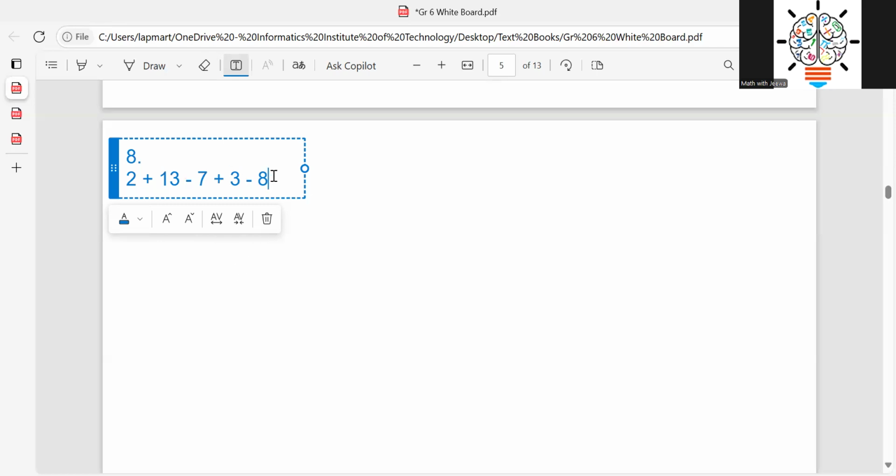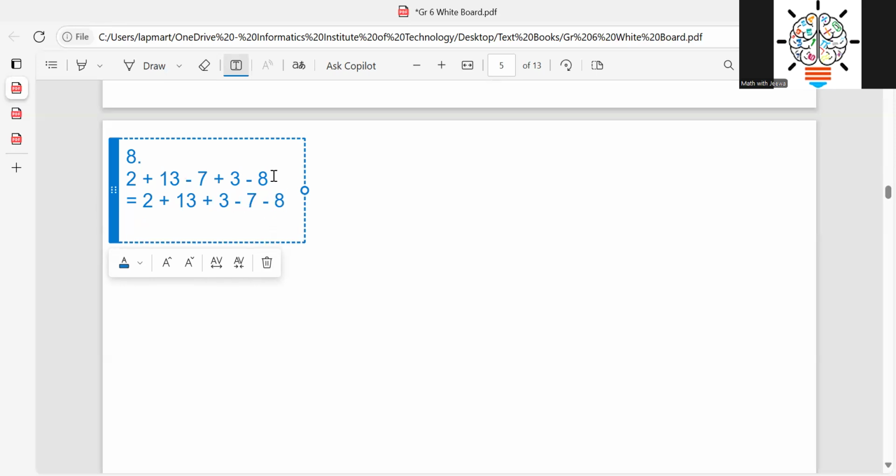Right, so then we put the equation sign and we write 2, then we have 13, right? And then we have again 3, then we have negative 7 and negative 8. Okay, so then we can get the plus signs first. 2 plus 13, it is 15. 15 plus 3, it is 18.